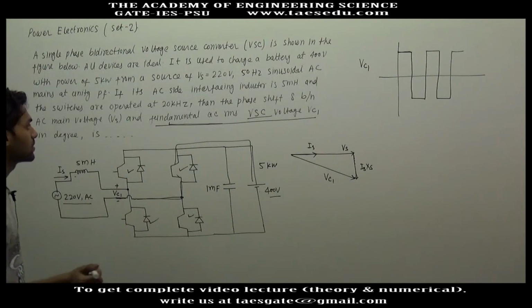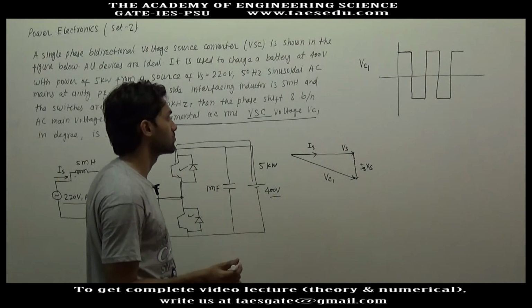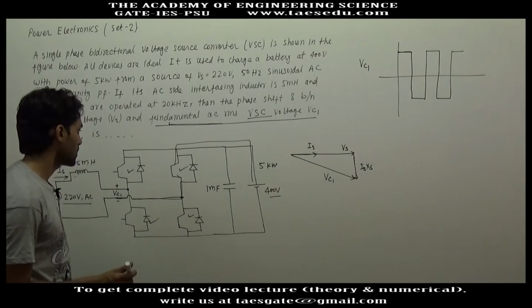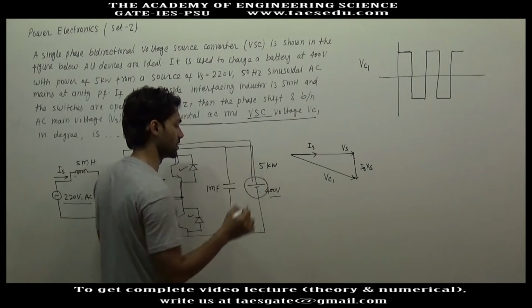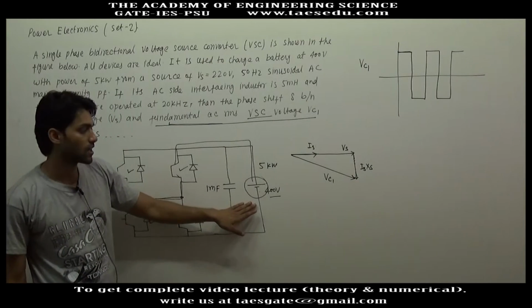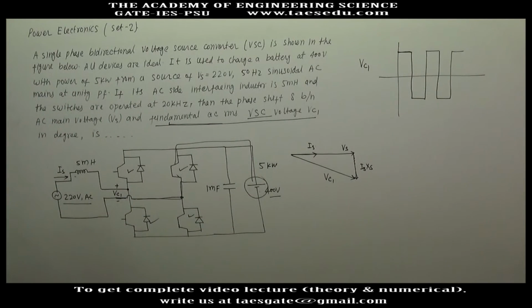There will be a fundamental component of this voltage, because after this point it is a constant voltage of 400, so there cannot be any fundamental component of this constant DC voltage.